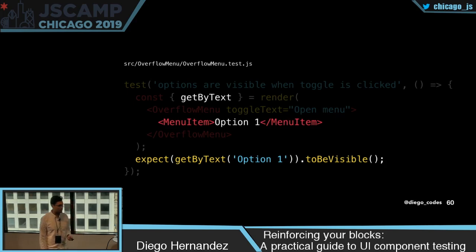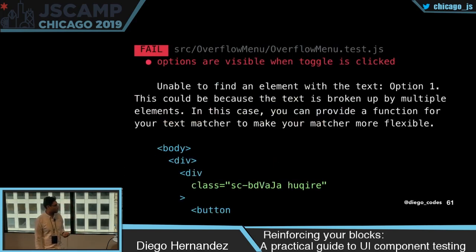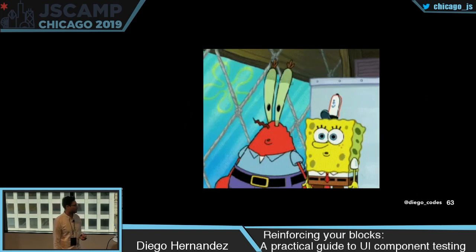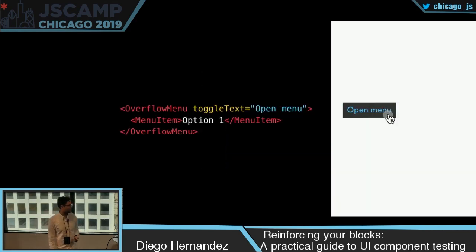to be visible. And so we go to our terminal, we run our test, and our test fails because it says that it's unable to find an element with option 1. Okay, so we did see that we had this option 1 in there, so why isn't it showing up? Well, that's because in our test, we didn't actually click on that open menu button to open that menu.